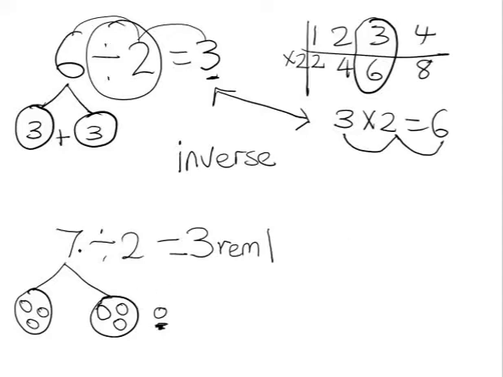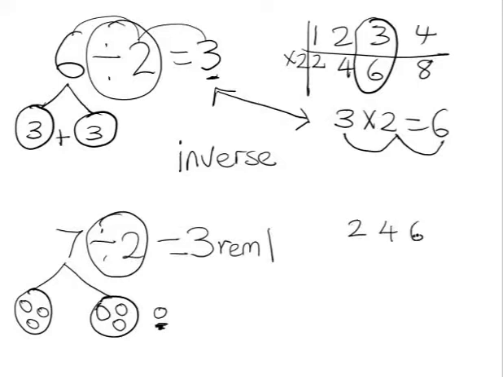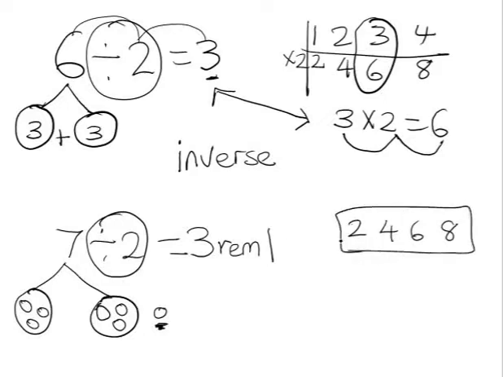Also, if I know my 2 times tables, or my multiples of 2, I will realize that 2, 4, 6, 8. 7 is not a multiple of 2, and therefore I need to take the multiple of 2 that is closest to 7 and divide it by 2.